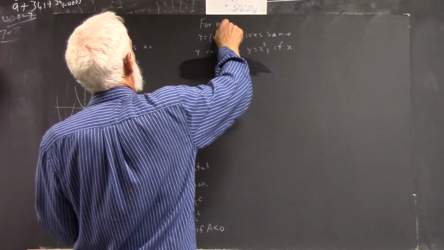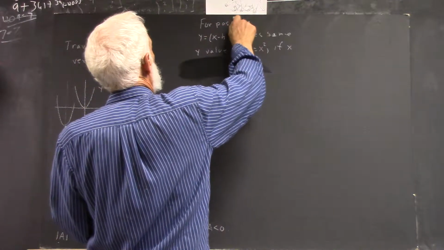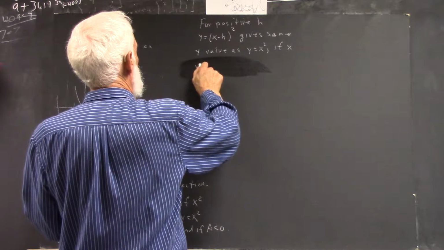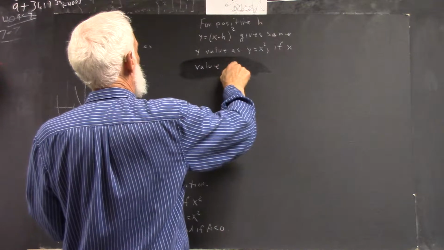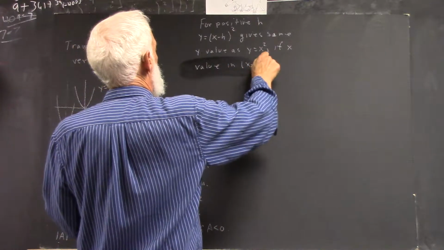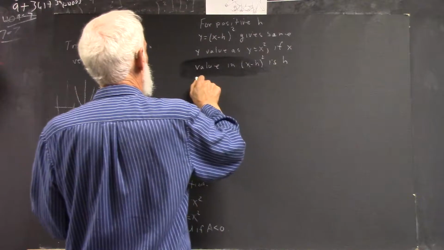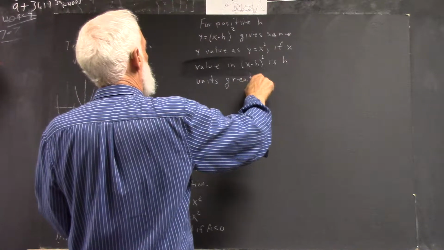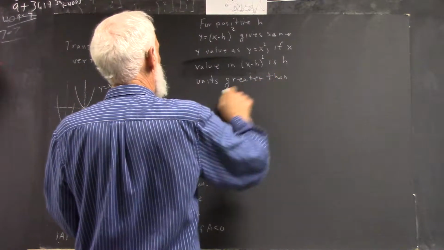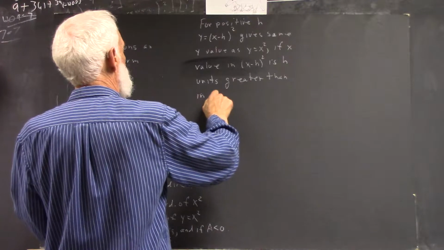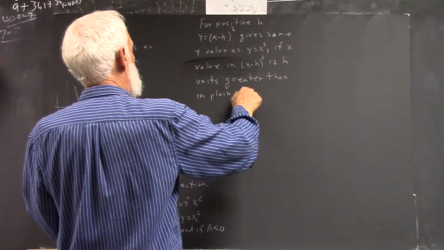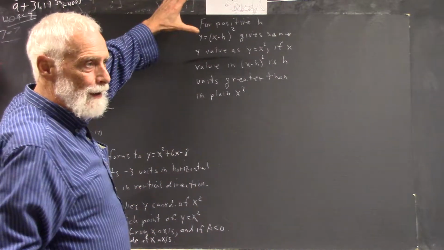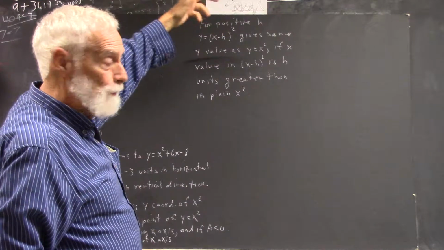I don't see a way around this right now for positive h. There are more mathematically precise ways to state this, but they'd be confusing. At least I can't think of one that isn't. Okay? Doesn't mean there isn't one.